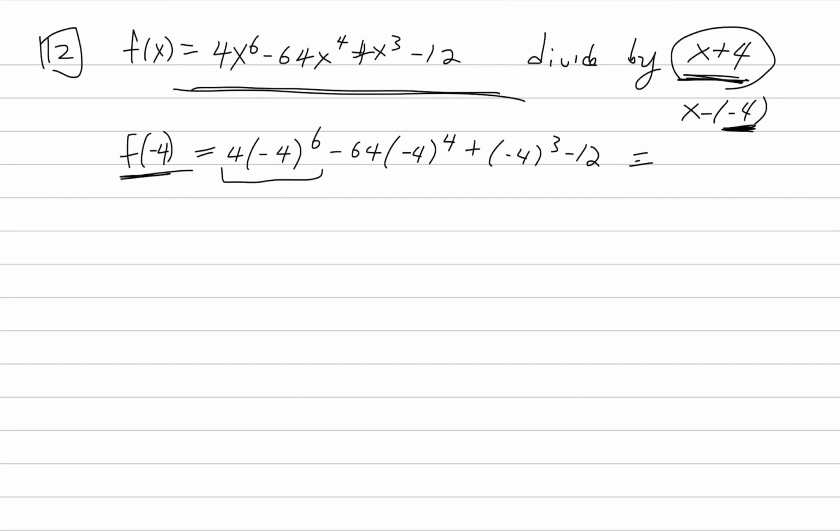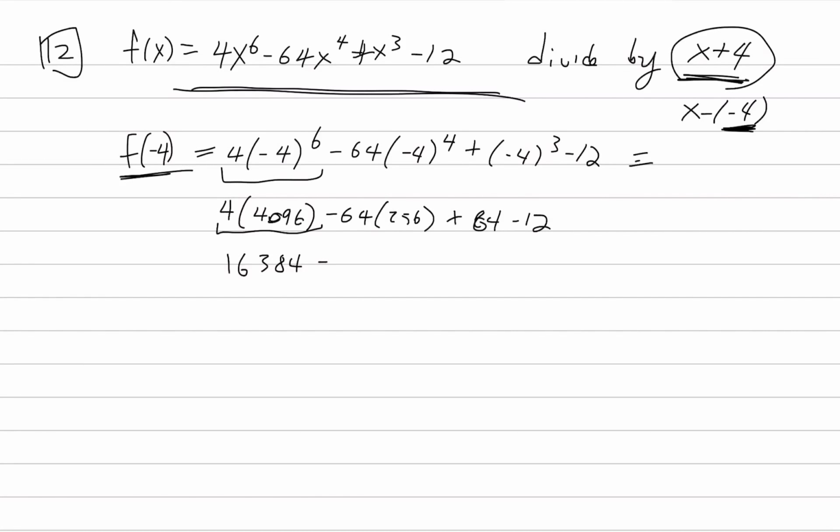Okay, so negative 4 to the 6th power is 4096, minus 64. 4 to the 4th power is 256. And 4 to the 3rd power is 64, minus 12. So let's do this right here. Again, this is just regular multiplication, right?